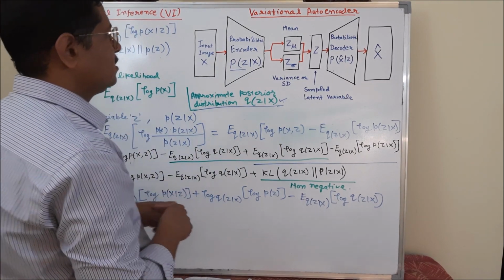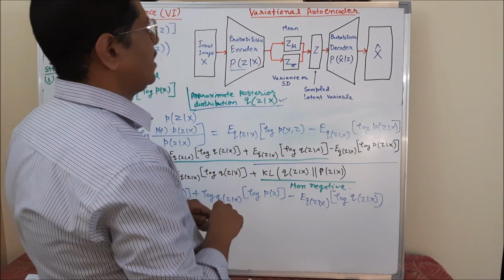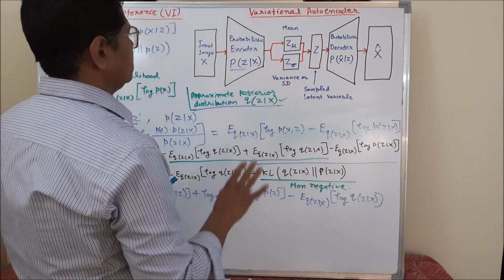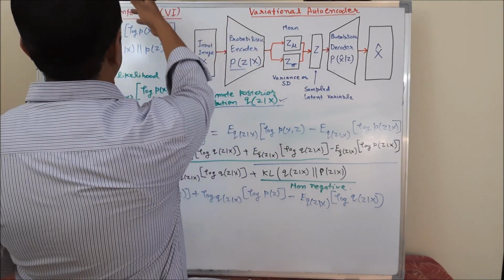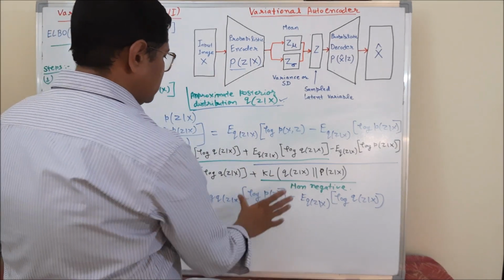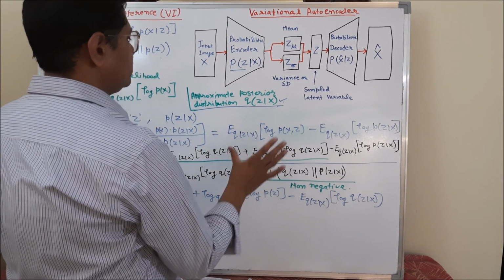The loss function of the variational autoencoder generally contains two different things. First is the reconstruction, and second is the variational inference part. This is the variational inference part of the loss equation.